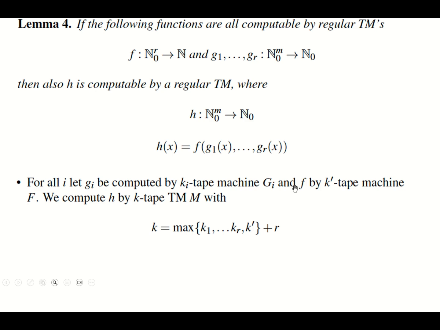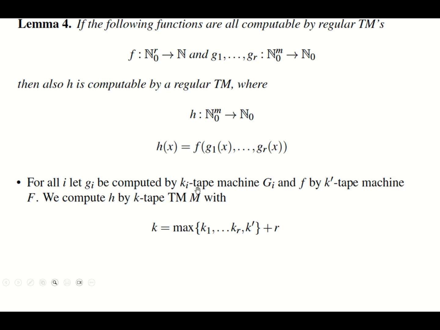And now I want to construct something that computes h. h is g plugged into f. So how many tapes does h use? I will take the maximum of k1 to kr, which are finite amounts of tapes. It has the biggest number, let's say 17, I don't know. I take the biggest number among the k's from 1 to r and k prime, and then I add on top of it r, which is however many variables are here.